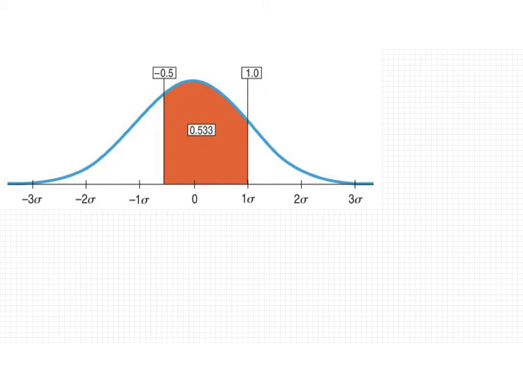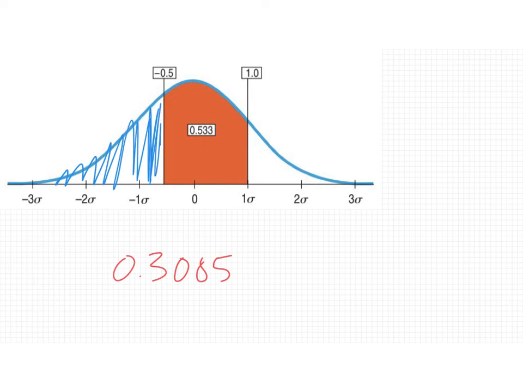You can search them if you find one you like better. So the negative 0.5, you'll find that, and it's going to be 0.3085. And that's going to be all of this over here, right?